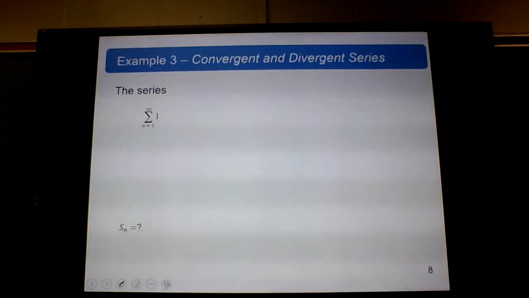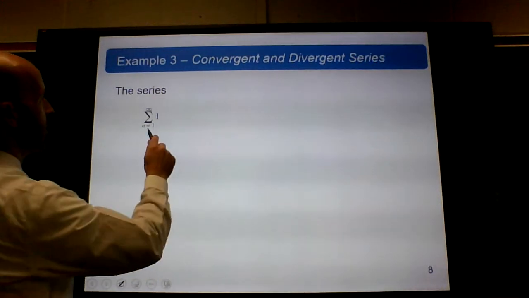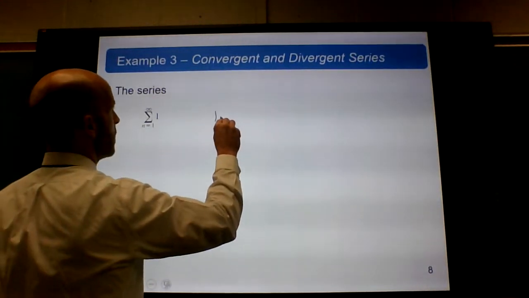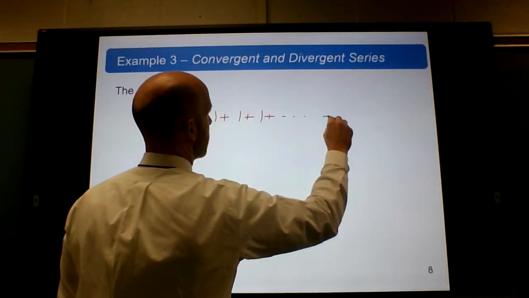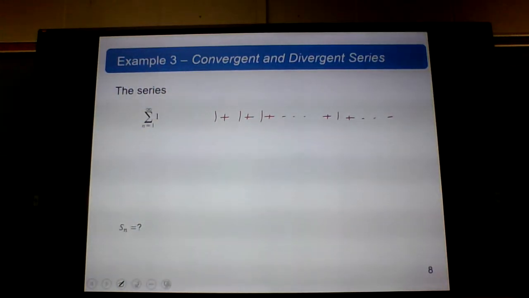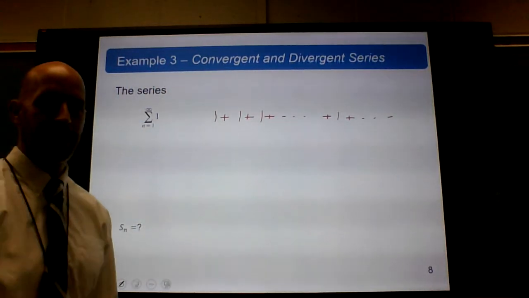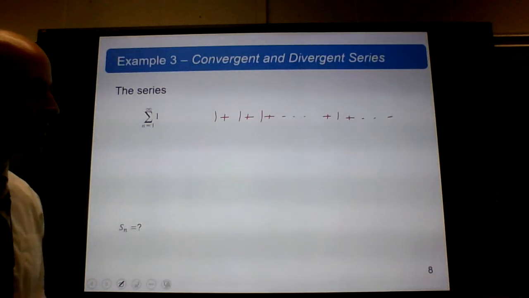And then finally, let's look at our last series. In this series here, I am going to write this one out. This series is 1 plus 1 plus 1 plus 1 plus all the way to infinity. And it doesn't really take too much of an observation here to realize that this is going to be infinite.